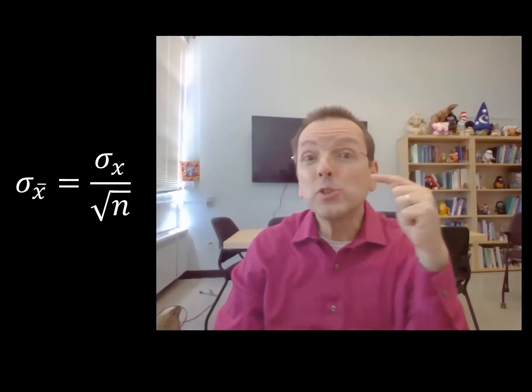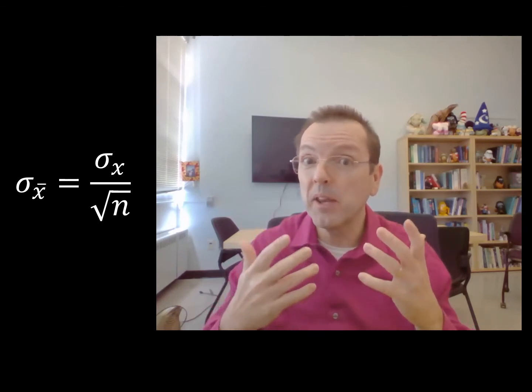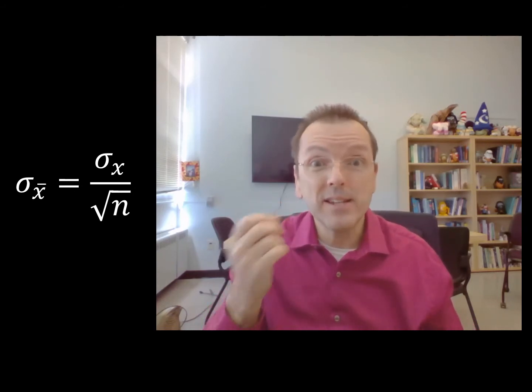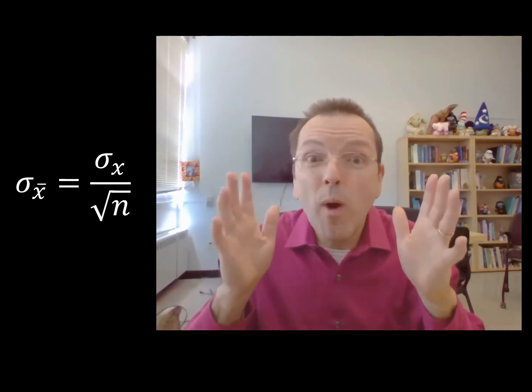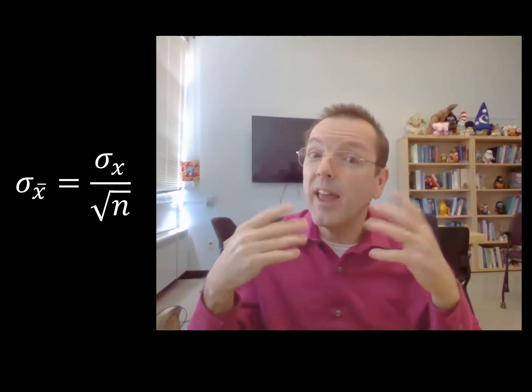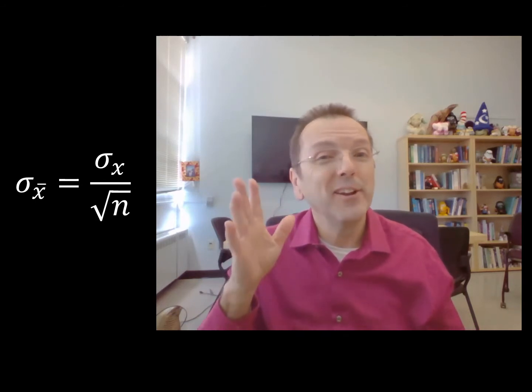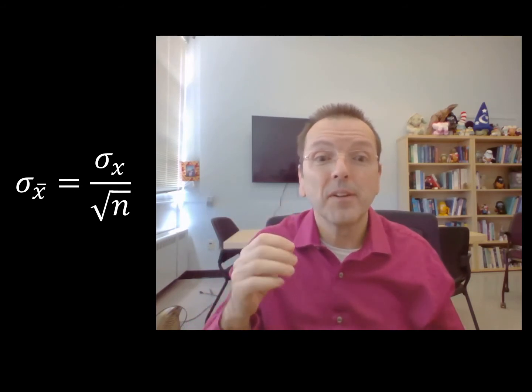Now, that square root of n in the denominator for the standard error of the mean formula is a big deal. It's not just big, it's huge! This is why we like large sample sizes. Because as we'll see later on, it means, no pun intended, that with larger samples, it's easier to see things.